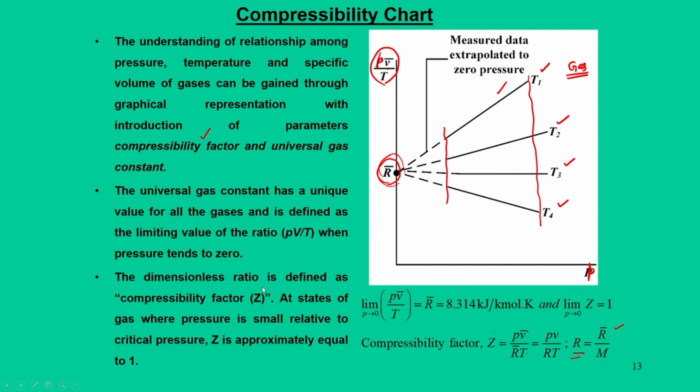This dimensionless ratio is known as the compressibility factor, and at states of the gas where the pressure is small relative to the critical pressure, the Z value is close to 1. That means if Z is equal to 1, we can say P V bar is equal to R bar T, but in many situations this is not true, and we call that a real gas model.